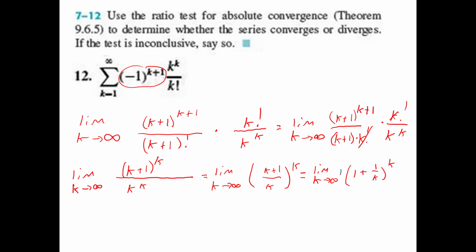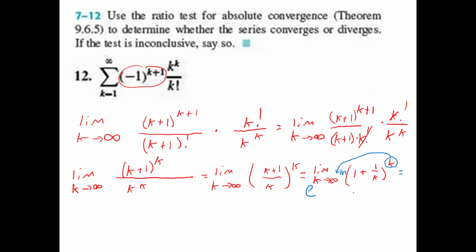If I had a natural log here, then I could bring that down, but I can't just bring this natural log in unless I also undo it by exponentiating over here. And we can bring the limit inside, so we can do this. What this allows me to do is take this exponent and bring it down here.